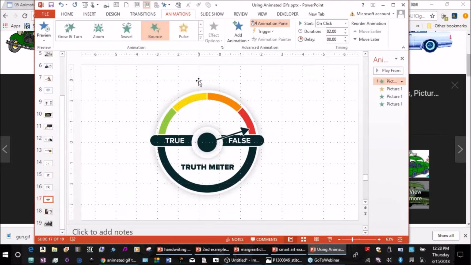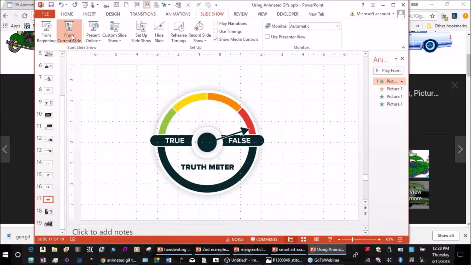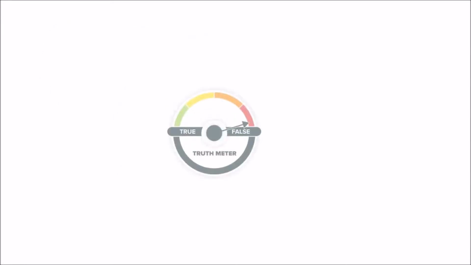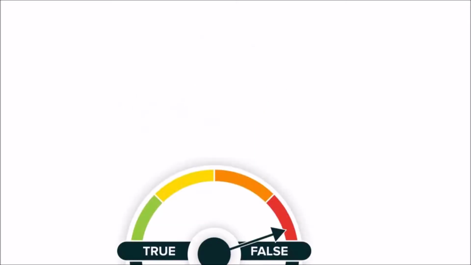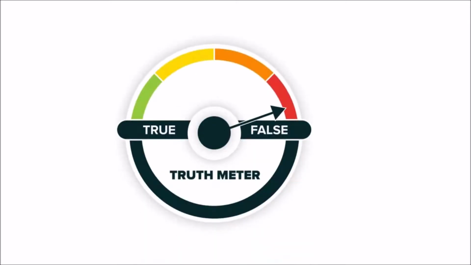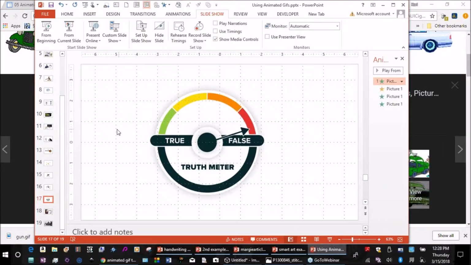They'll all happen one after the other. So I'll go to slideshow from current slide, and my first thing I have to do is click. But now my hands are off, and we have a sequence of animations that are being played one after the other. So that gives you an idea of how to tweak the animations, add to an animation, and so on.